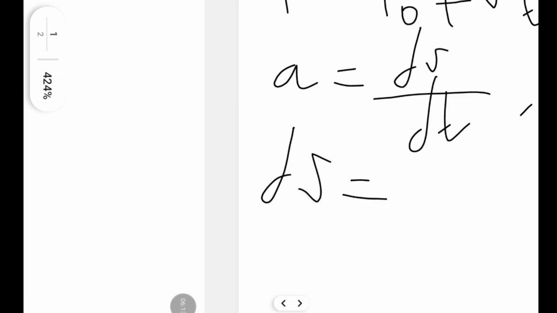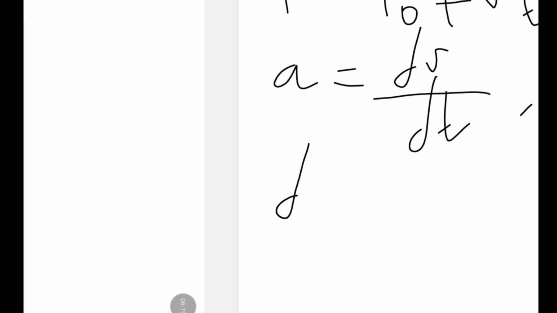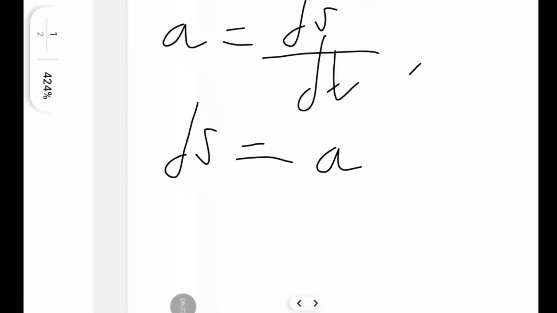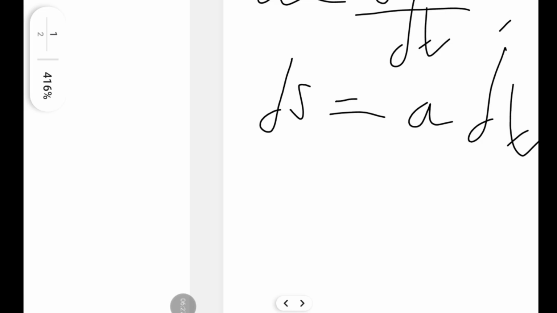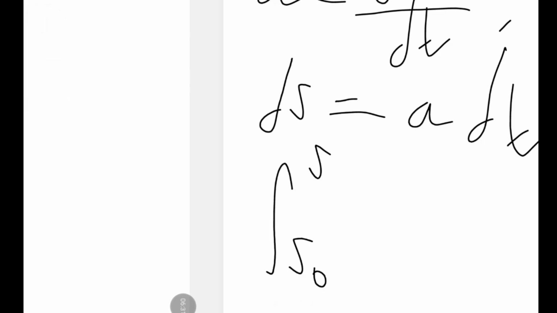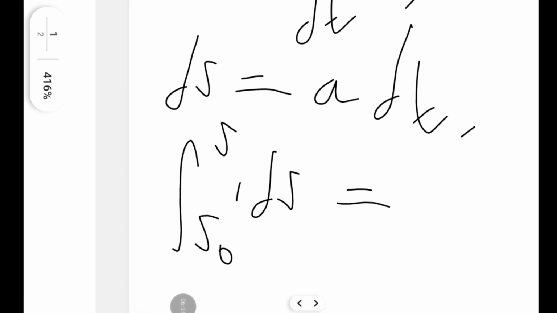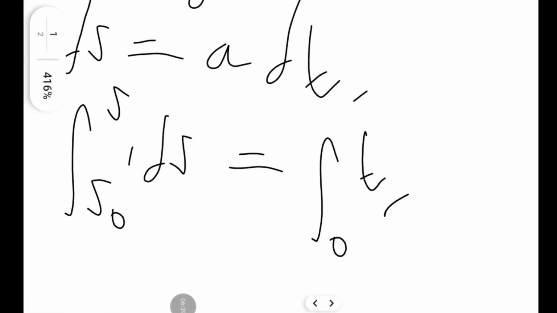So dv is equal to acceleration dt. The integral between v0 and v for 1 dv is equal to the integral between 0 and t of acceleration dt.